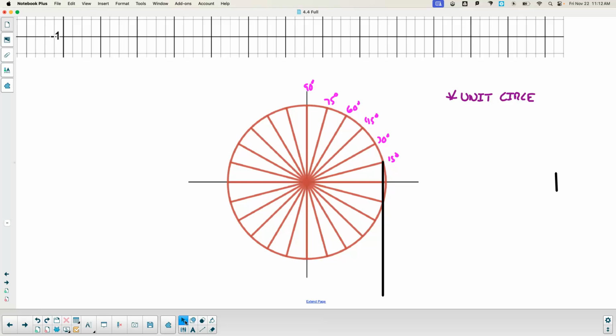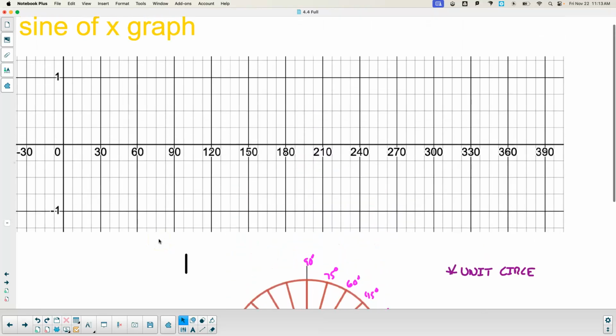I don't care how you go about doing that, but you're going to measure the vertical where it hits on the circle. Then you're going to take that measurement and go back up here to your graph and look for 15 degrees.